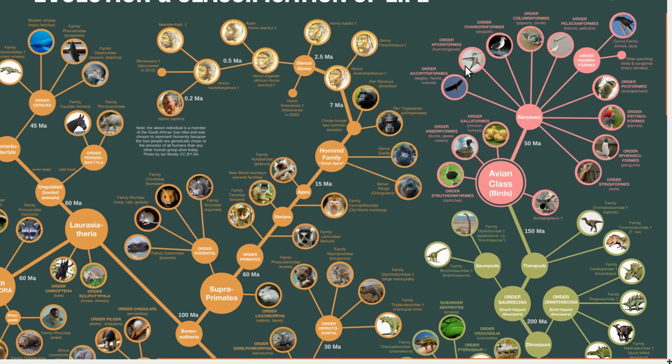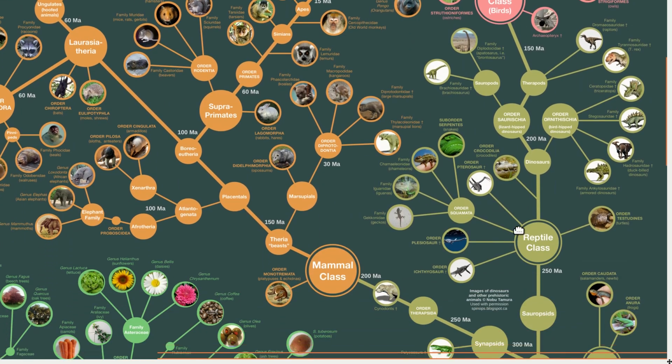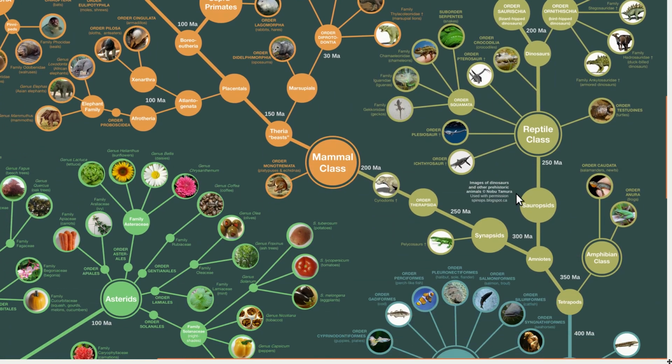And then birds evolve in all kinds of different directions from there. But since we're trying to trace the route toward humans, we're going to go back to this junction here and take a turn toward the synapsids, because it's the synapsids which eventually evolve into mammals.